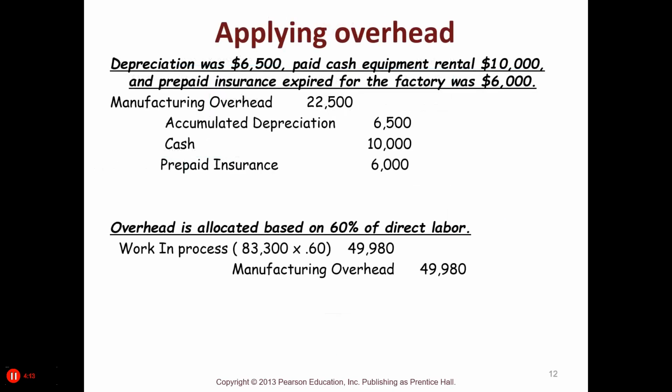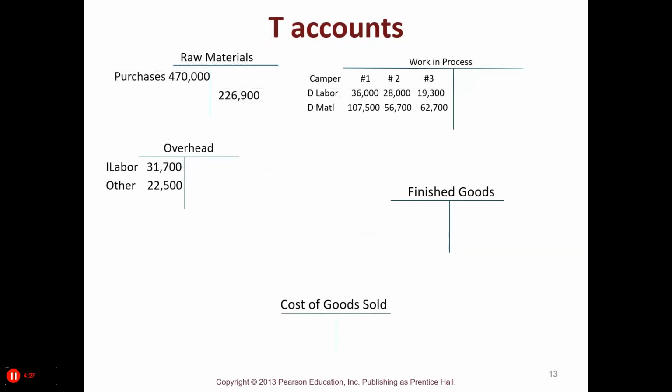Now the next thing we did was we had manufacturing overhead costs, and then we allocated based on 60% of direct labor. Now here's what it would look like. Applied, and then I would take the direct labor times 60% for each one of them, and I would get this.